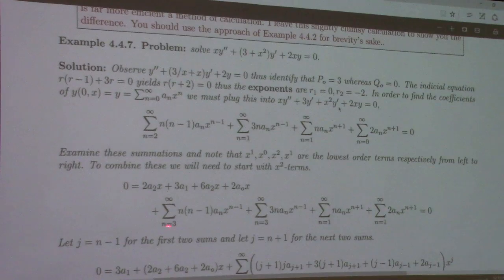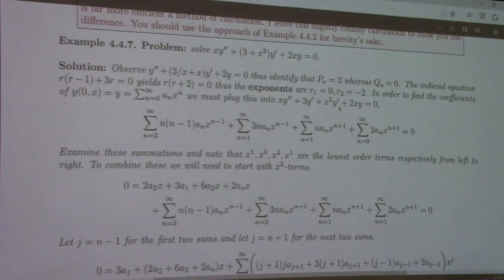I think they do. n equals 3 gives me x squared, n equals 1 gives x squared. So I've peeled off the terms which have a different starting point for these sums. They're up here. Now I've written this so that all of these are from x squared to infinity. So when I make the substitution j equals n minus 1 and j equals n plus 1, the whole thing starts at j equals 2.